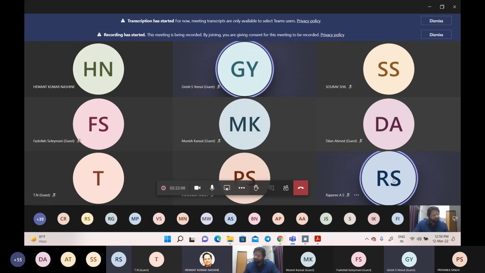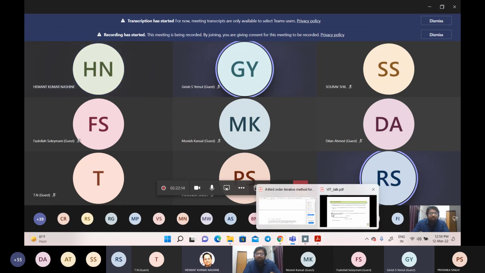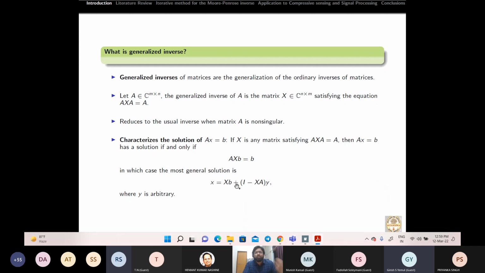The last generalized solution is a kind of convex combination type. It's like all the solutions, infinitely many, because if the system has infinite solutions, this represents all the solutions, since y is an arbitrary vector.